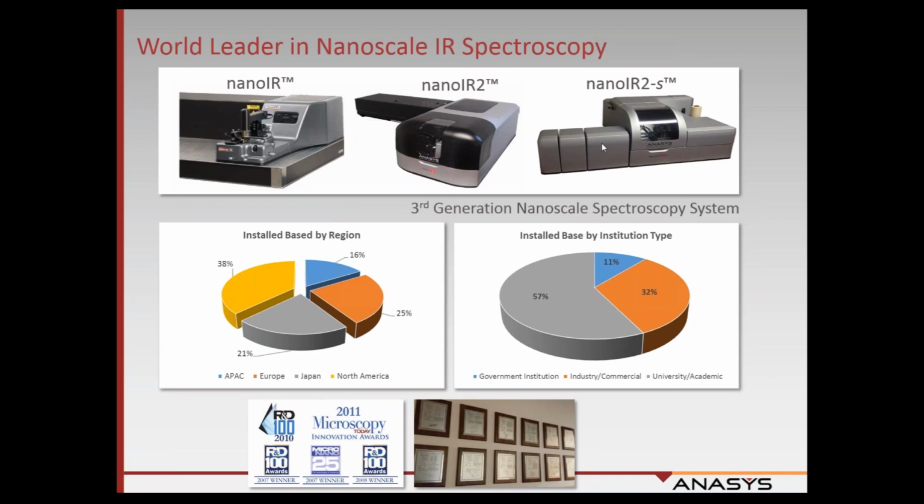We're the world leader in nanoscale IR spectroscopy. We have a number of different products that you can see here, starting with the Nano IR system, which we introduced in 2011, the Nano IR2 a couple of years later, and just last year the Nano IR2S, which added the scattering SNOM capability onto our platform. We have a broad range of installed systems across the world and through different institutions, government and academic and industrial.